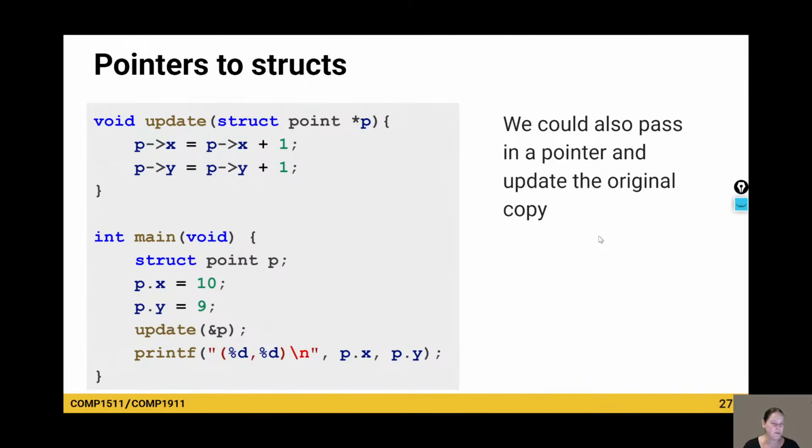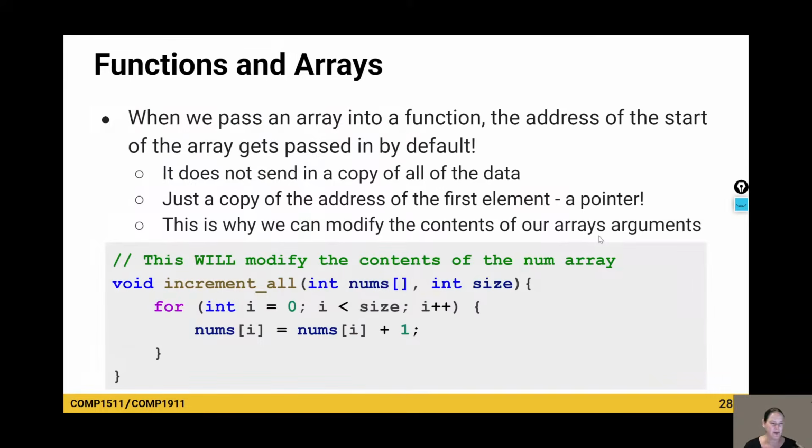And there's the code for all these things available that you can go and try. Now, the exception to all of this that we've been talking about are arrays. So again, in the assignment, you might have noticed that you were passing arrays into functions, but they were being updated by the functions, whereas your poor structs weren't.